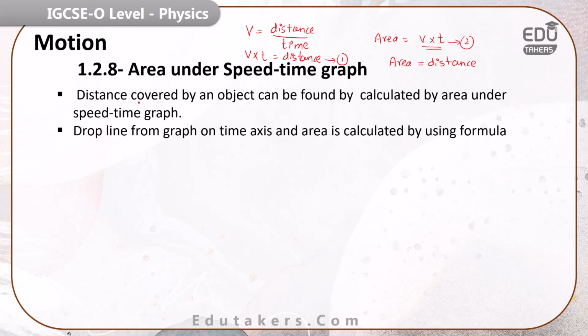So it is given here. The distance covered by the object can be found by calculating the area under the speed time graph. When you find the area under the speed time graph, you are calculating how much distance a body will cover.